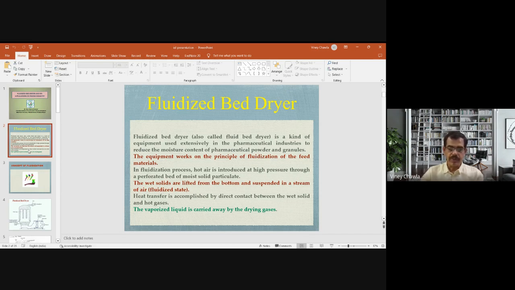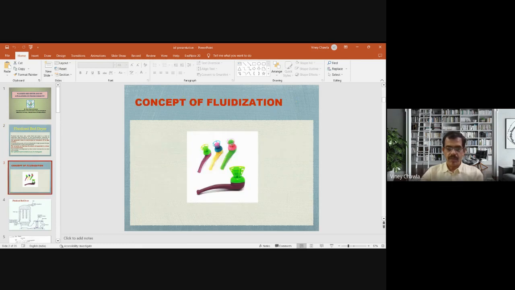In order to explain the principle of fluidization, I will use a diagram of a toy which all of you might have seen. What we are supposed to do in this toy is blow through the mouth, and if the air pressure is too high, this ball will go in all directions.